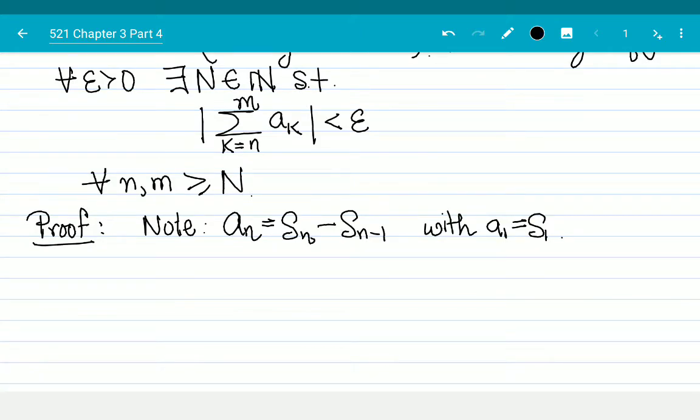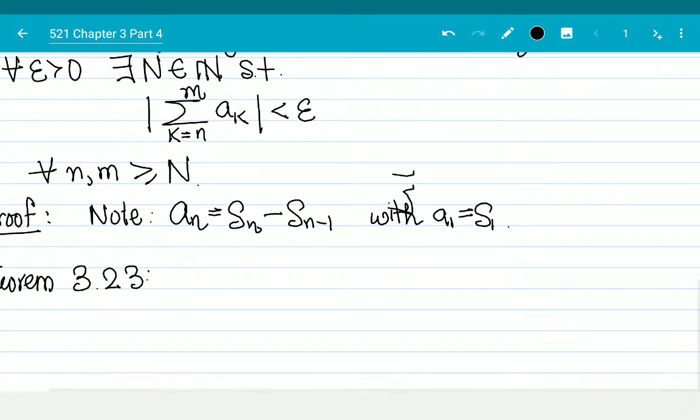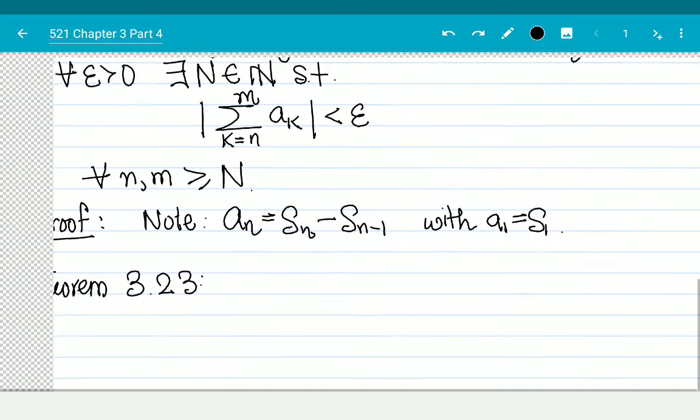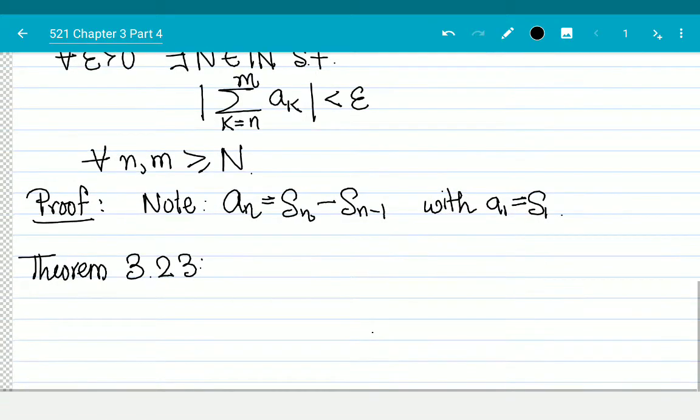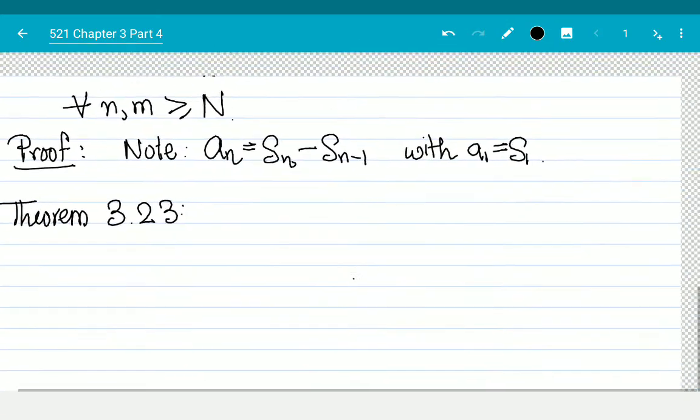Theorem 3.23. Now, the previous one is an if and only if. This theorem is if then.